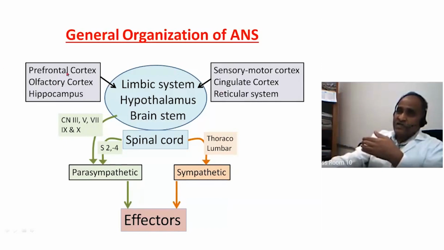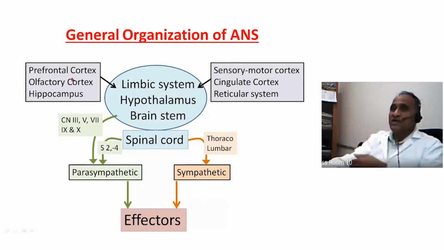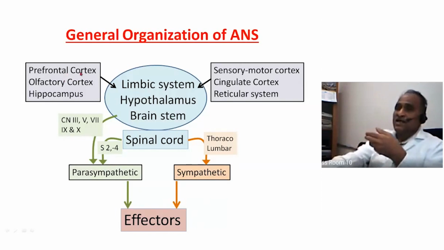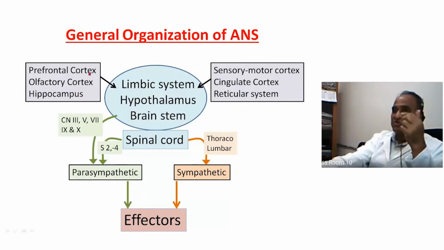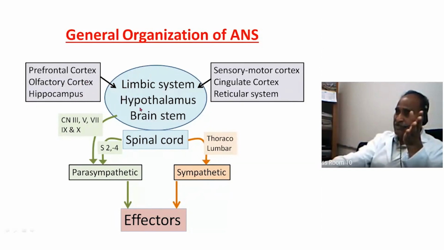Then the prefrontal cortex, this is where, say for example, if there is a blast. If that blast is a very small cracker-like sound, then the prefrontal cortex says it's no good, no botheration. If it is a heavy or explosive blast, the prefrontal cortex says that there is a danger, you get out or you try to take action, something like that. So the prefrontal cortex, olfactory cortex, and the hippocampus all influence this limbic system and hypothalamus.